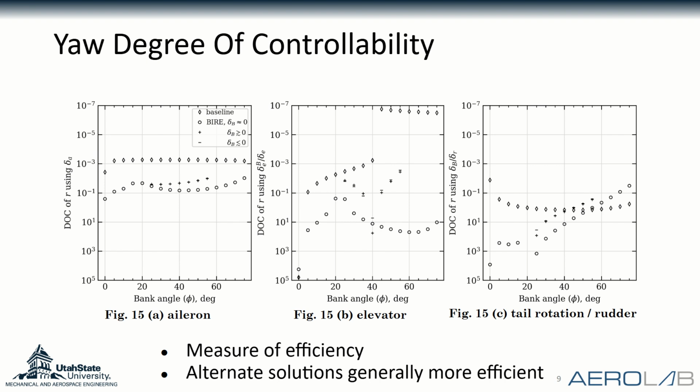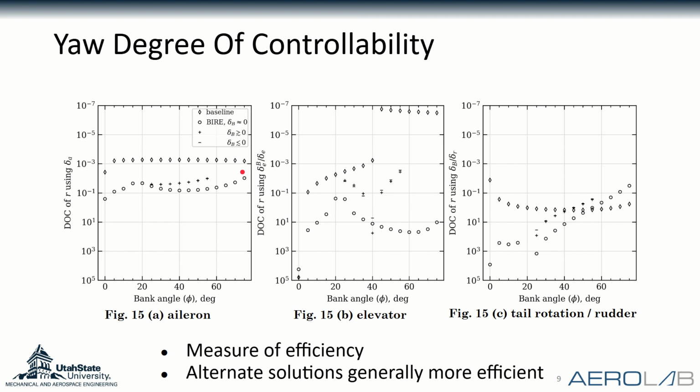That means that we want to be higher up on these plots. So just taking a look at this plot over here, these tail near zero solutions are generally less efficient. In other words, using aileron to dampen out a disturbance in yaw rate is generally less efficient for the BIRE aircraft with the tail near zero than it is for the baseline aircraft, which makes sense, right?